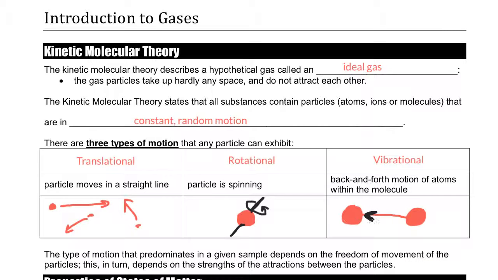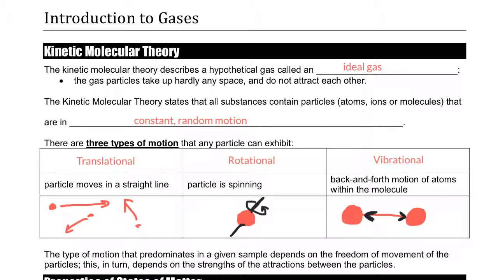They can move back and forth along the bond. They can get closer to each other and farther away. So this atom within the molecule can move towards the other atom. It can move away from the atom. So the vibrating motion within the molecule is what we're talking about when we refer to vibrational motion.